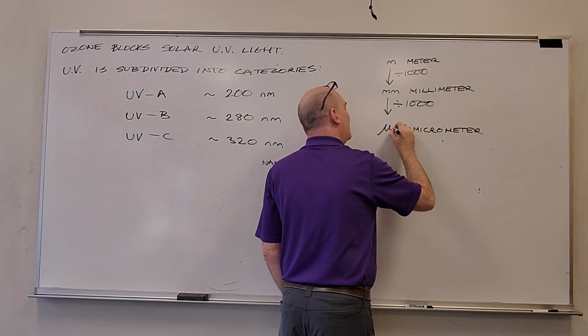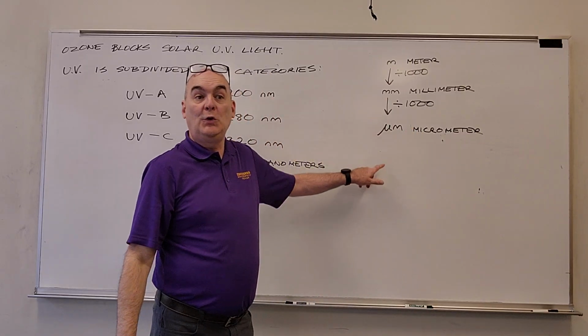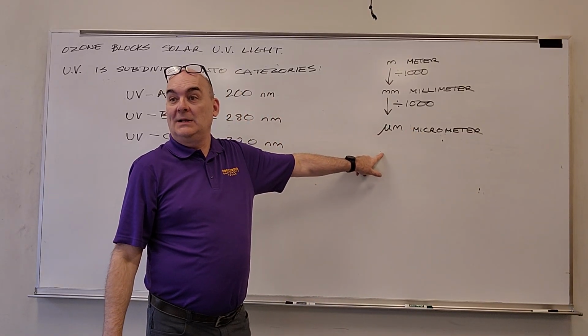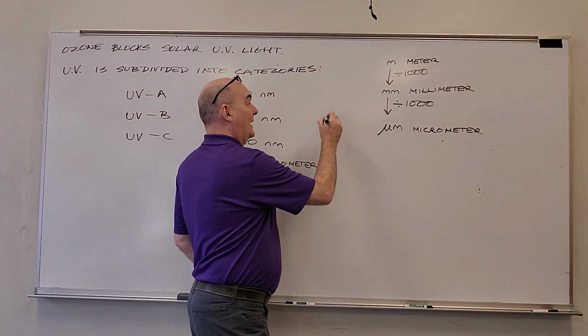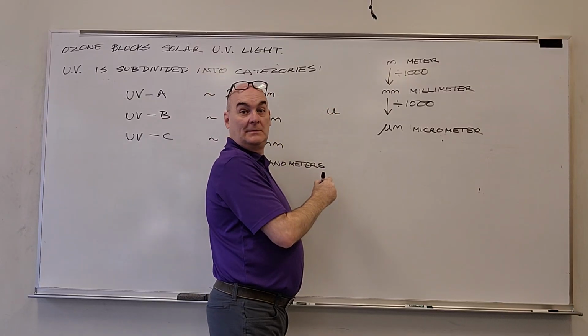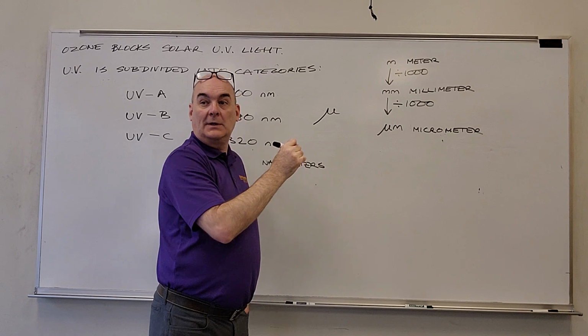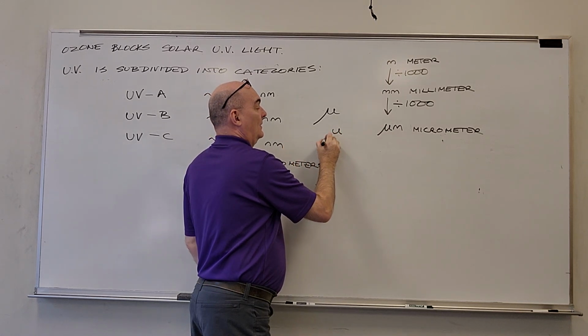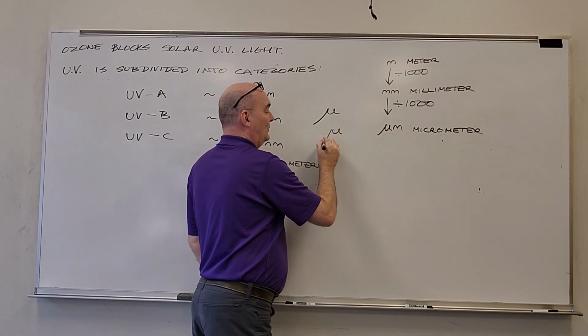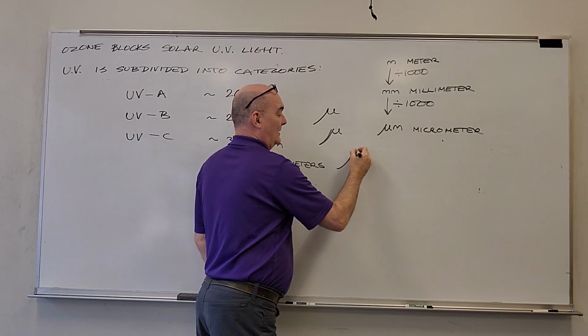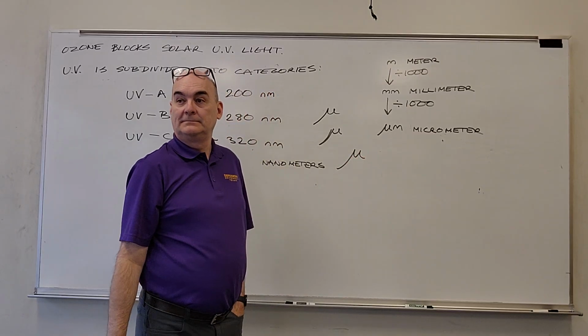Micro is given the symbol mu. It's the Greek symbol mu. It's like a U, only it has a flourish of a tail that comes into it. So think of a U and put a tail in it. When you write it like that, it's a mu.